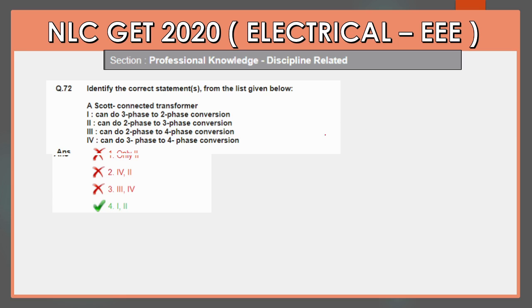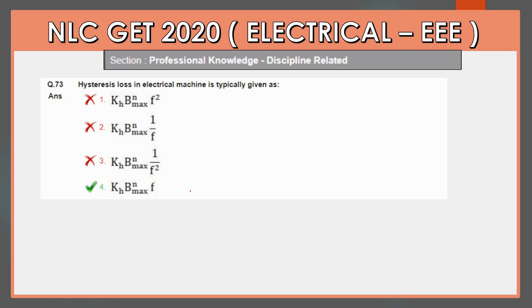We know that Scott connection transformer can transform 2-phase to 3-phase and 3-phase to 2-phase also. So 1 and 2 are correct. So the last option will be the answer. Hysteresis loss in electrical machine is typically given as. So what is the hysteresis loss? It is also a direct question. K_h B_max into f. This is the right answer.